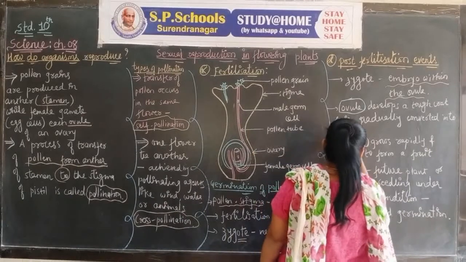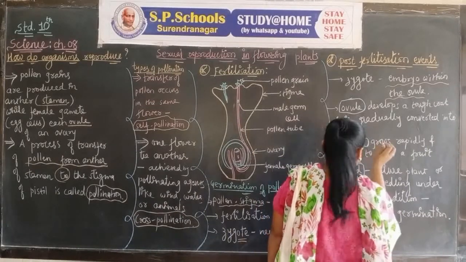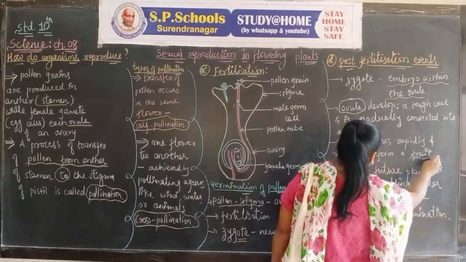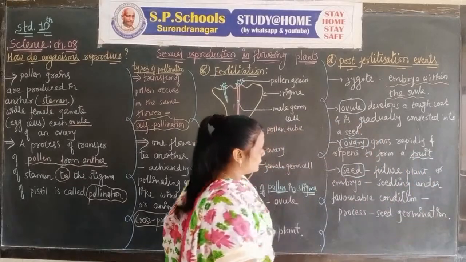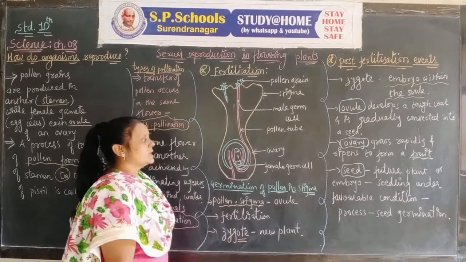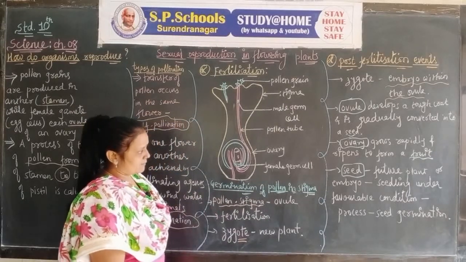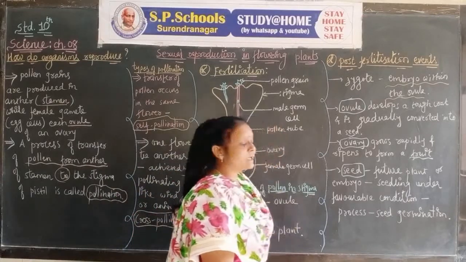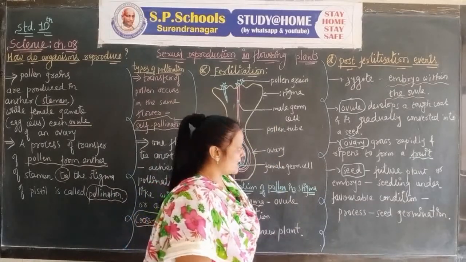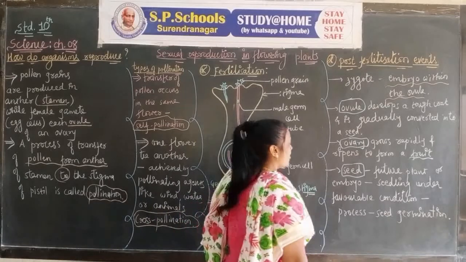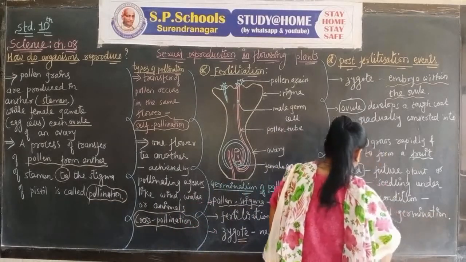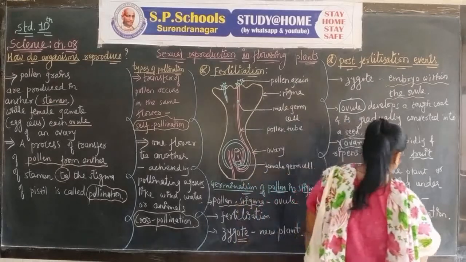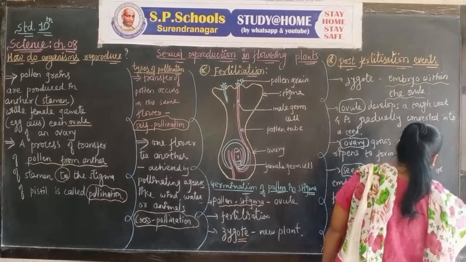The seed holds the future plant or embryo, which becomes a seedling, and under favorable conditions it grows into a new plant. This process is called seed germination.